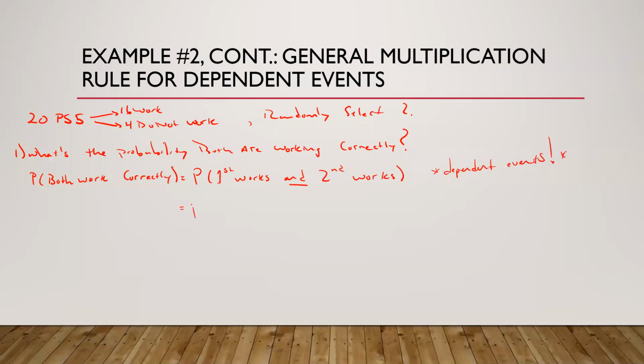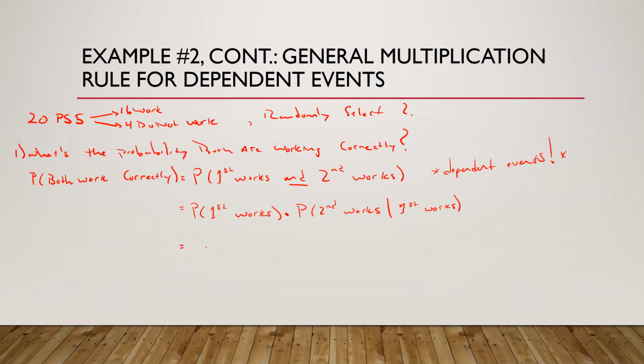So when you go to tackle this, the probability the first works times, now when you go to do the probability the second works, you need to assume that, given that the first worked.